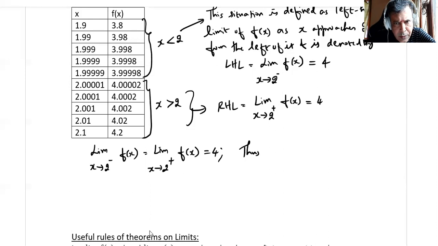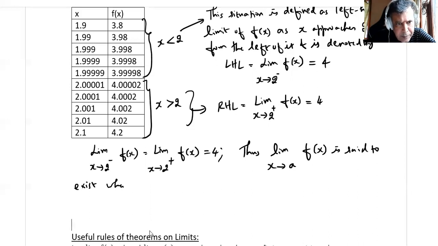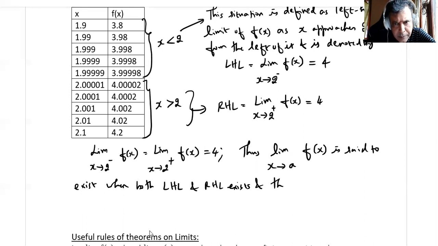Thus, we can conclude the limit x tends to a, in general, of f of x is said to exist when both the left hand limit and right hand limit exist and they are equal.